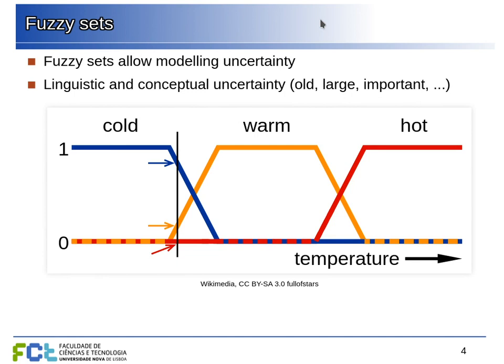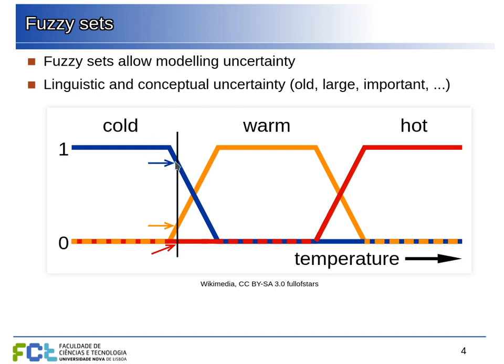This can be conceptual uncertainty, some vagueness about the concepts themselves. For example, if we want to classify or cluster temperatures into different groups, and the groups are cold, warm, and hot. There is no clear distinction between cold and warm, for example. So if we have a temperature here represented by this vertical line, we can say that this temperature is mostly cold.